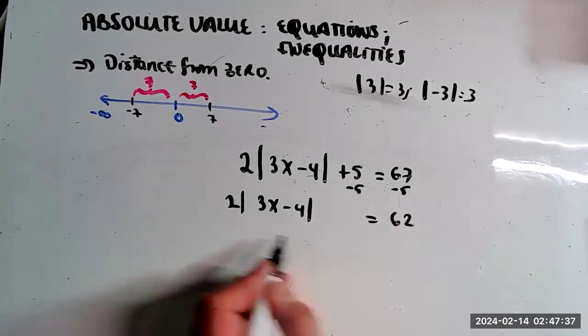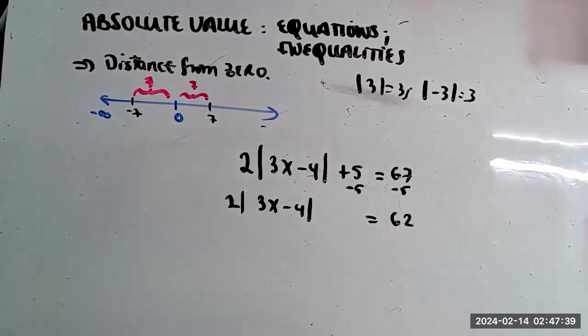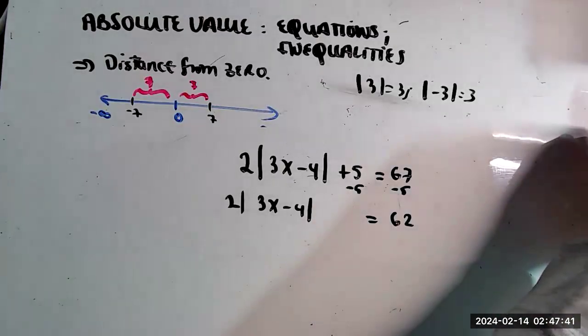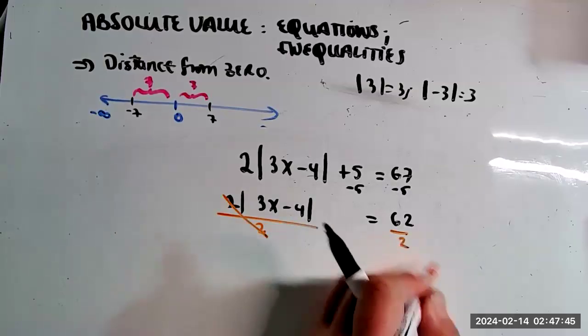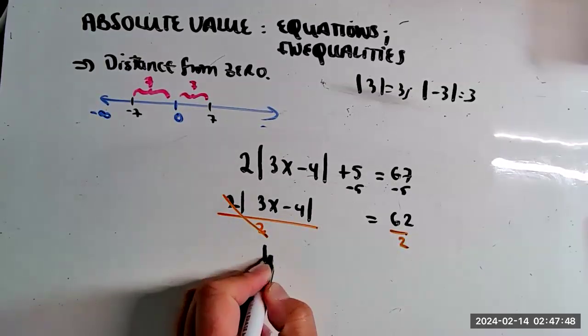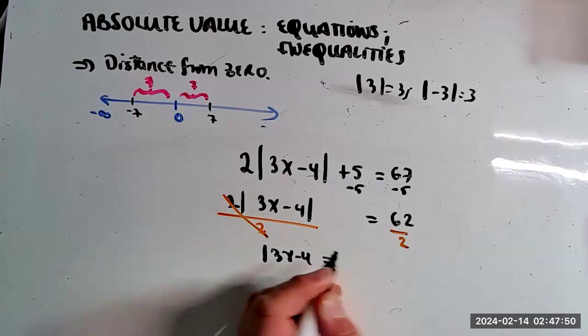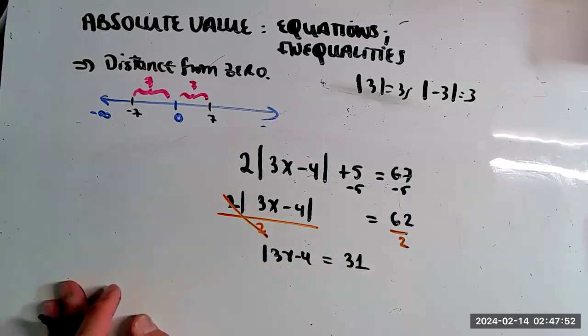That would be 62. And now we divide by 2 to get rid of this coefficient here. So that would be absolute value of 3x minus 4 equals 31.